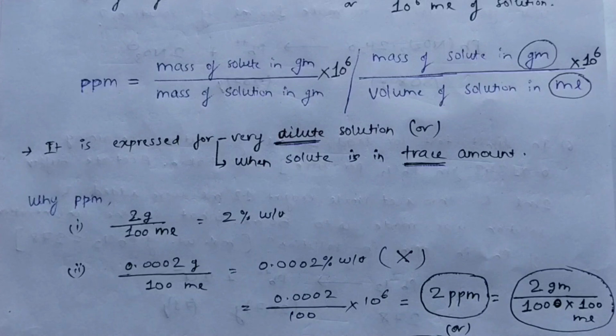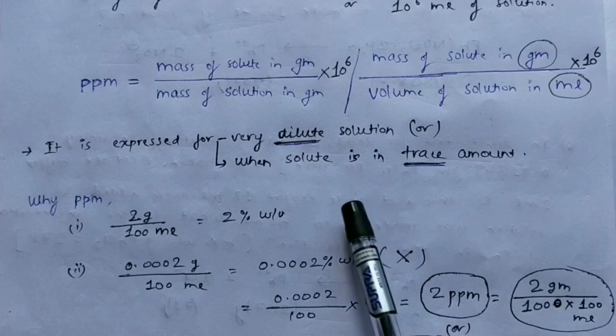But you have another 100 ml beaker with 100 ml solution in which 0.0002 gram of solute is present. See, 0.0002 gram of solute present in 100 ml solution means the solution concentration is very low.